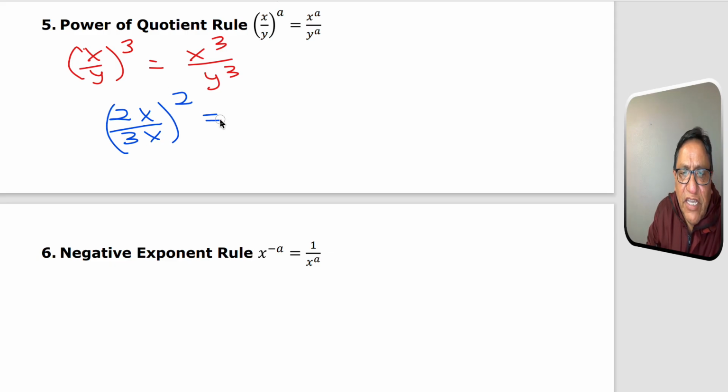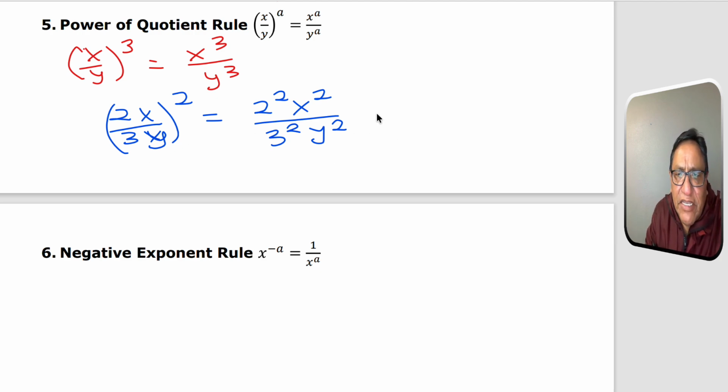So this will be the same as 2 squared times x squared for the numerator. And in the denominator, we'll have 3 squared over, I'm sorry, this should be y, so let's say y squared. Okay.